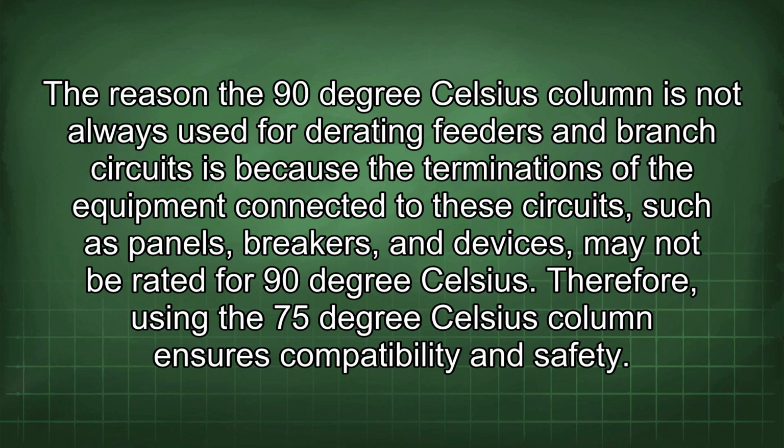The reason the 90°C column is not always used for derating feeders and branch circuits is because the terminations of the equipment connected to these circuits, such as panels, breakers, and devices, may not be rated for 90°C. Therefore, using the 75°C column ensures compatibility and safety.